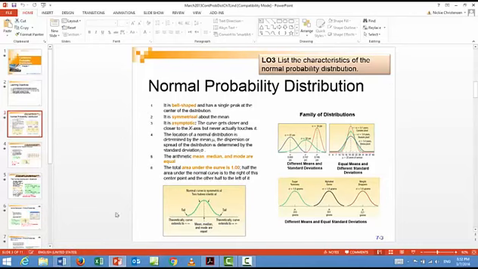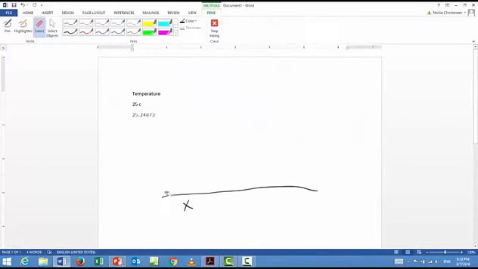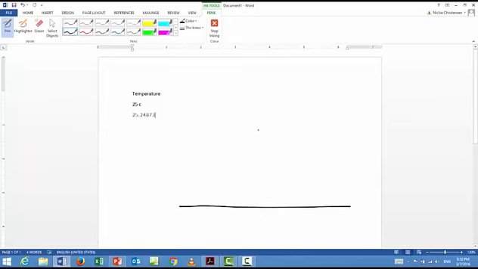The first characteristic of the normal distribution, let's go through them in a more logical way. Every normal distribution is shaped like a bell and it's centered over the data pool's average.